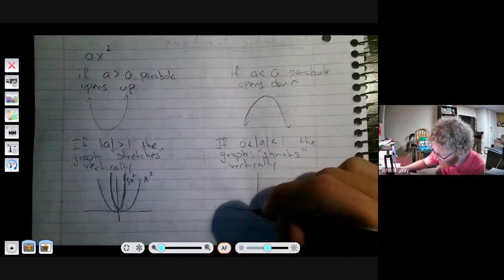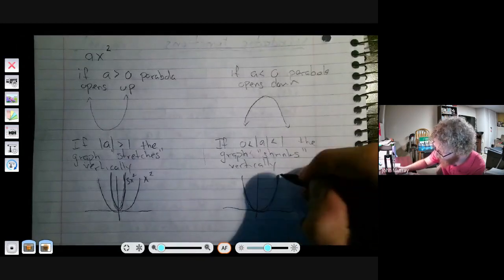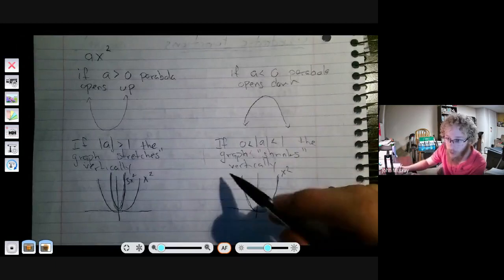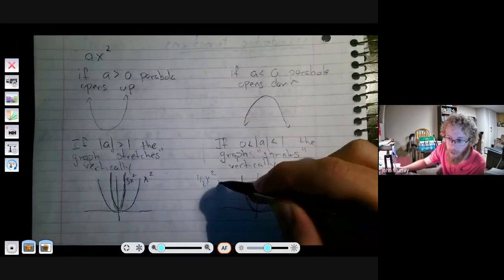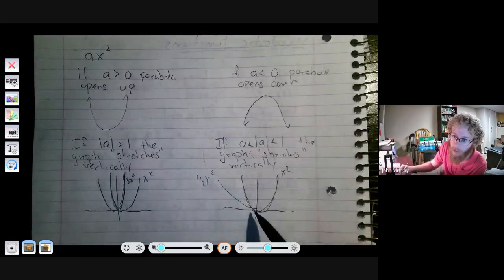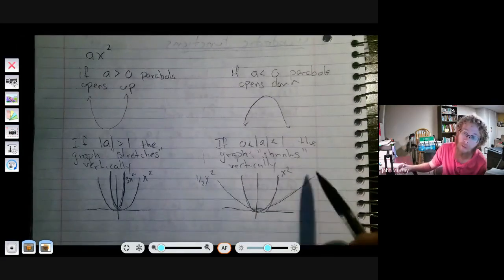So again, here is our basic x squared. If I had 1/2 x squared, it would kind of flatten it out, and it would be a wider parabola.